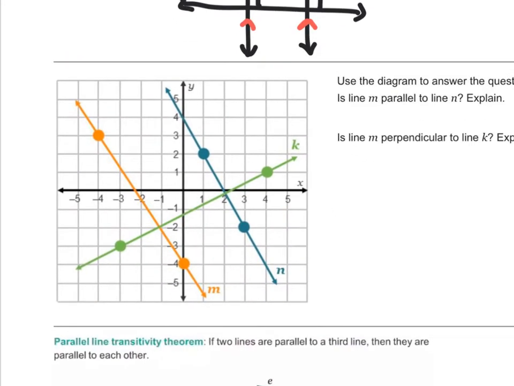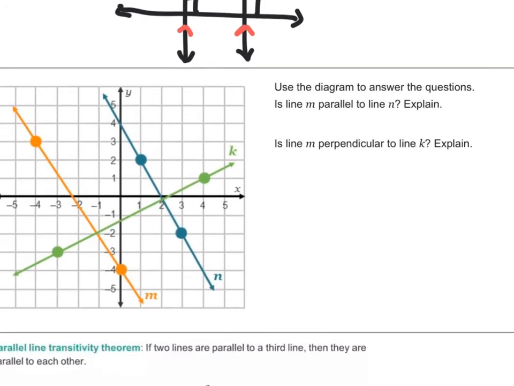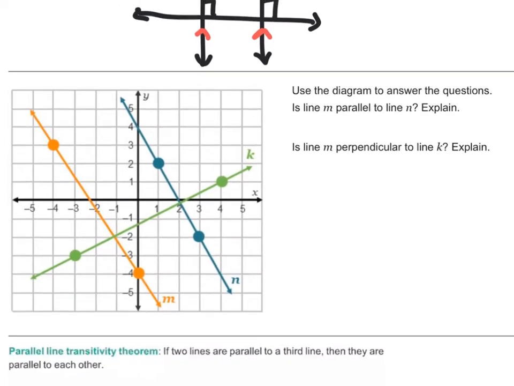Now on the next one, it says use a diagram to answer the questions. Is line M, so here's line M, parallel to line N, and explain why. If I were to find the slope of these lines, going from one point to the next, this has a -7 and this has a value of 4.